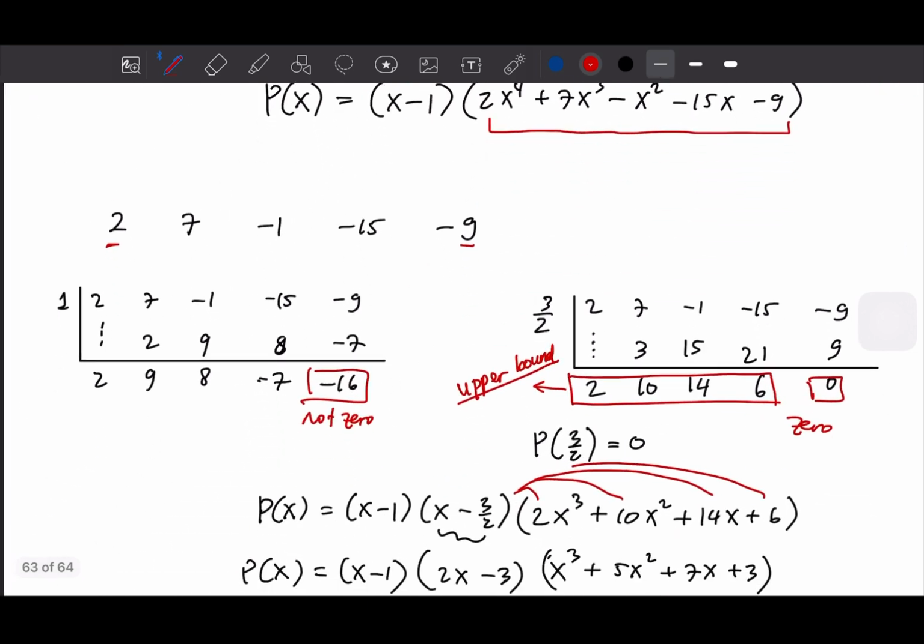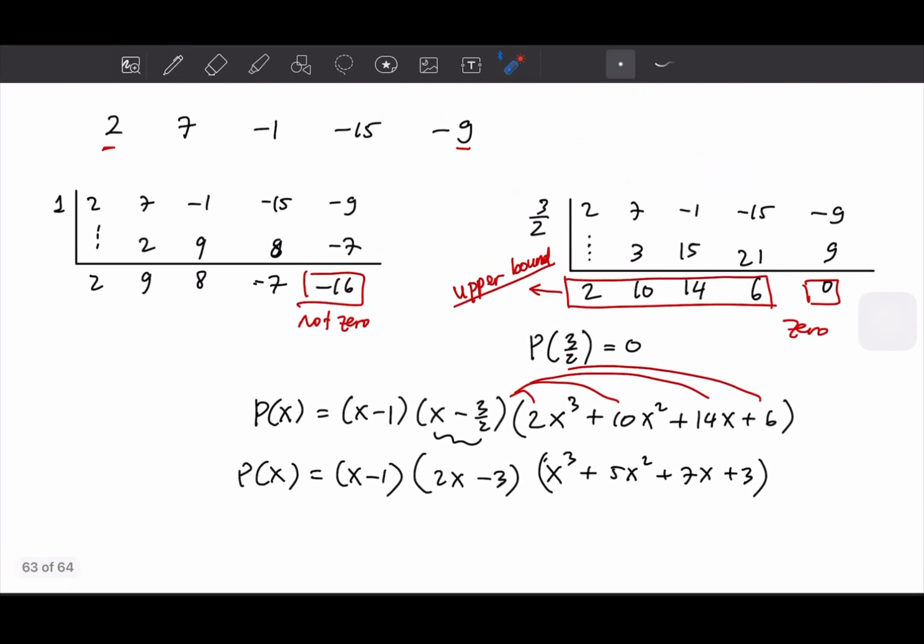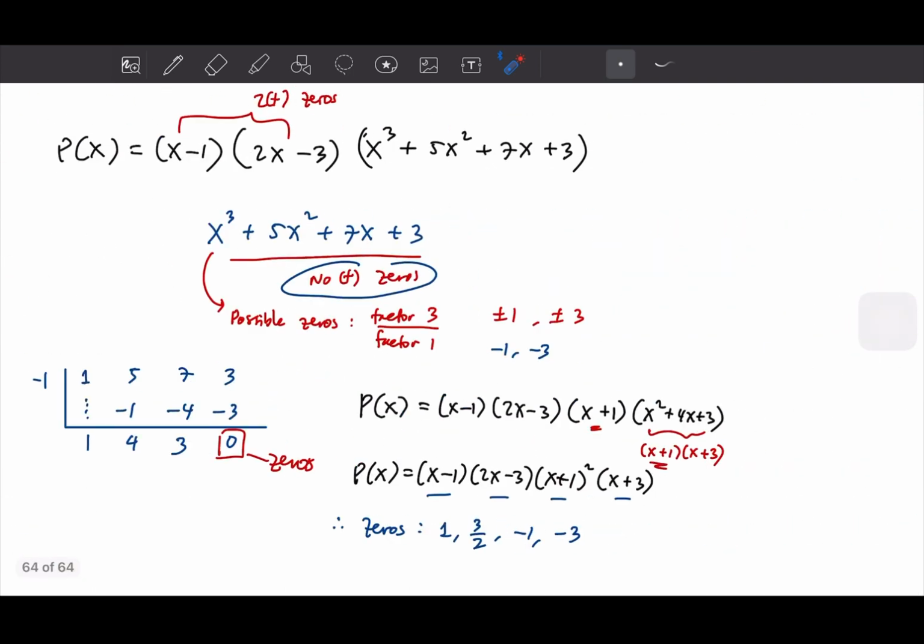Okay, and then we continue and write the structure. We are going to evaluate this x cubed plus 5x squared plus 7x plus 3. Okay, we evaluate, and we already have two positive zeros, right?